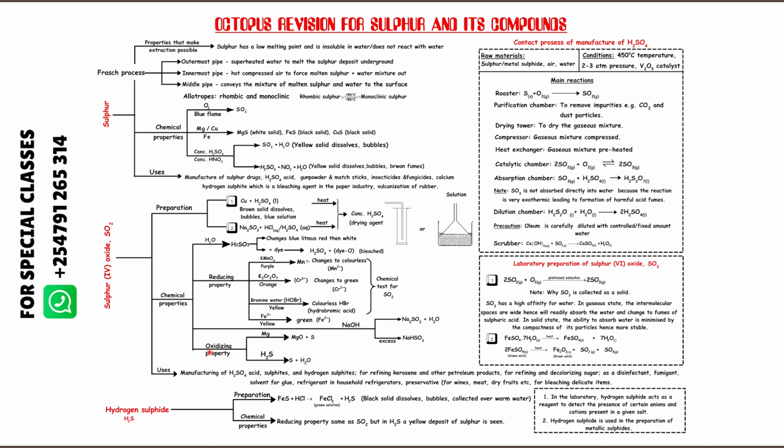Then you go to the oxidizing property. Sulfur(IV) oxide is an oxidizing agent. If you lower a burning magnesium into a gas jar full of sulfur(IV) oxide, it continues to burn, forming a mixture of a white solid and a yellow solid.